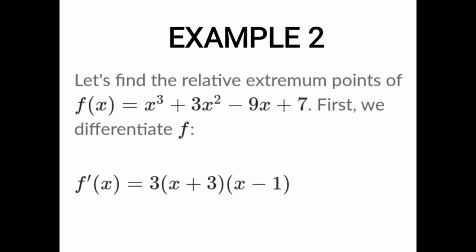Example 2. Find the relative extremum points of f of x equals x cubed plus 3x squared minus 9x plus 7. The same step, we find the first derivative of this function. The first derivative is 3 times x raised to the power 3 minus 1, plus 2 times 3x raised to the power 2 minus 1.